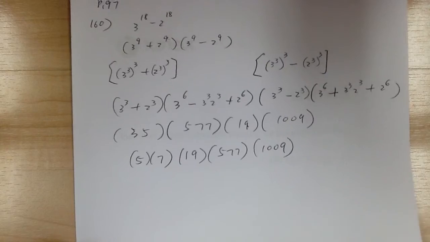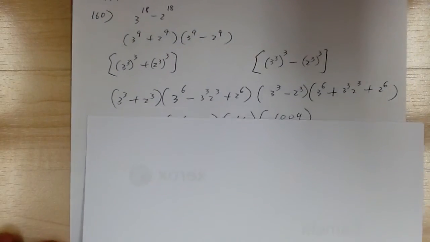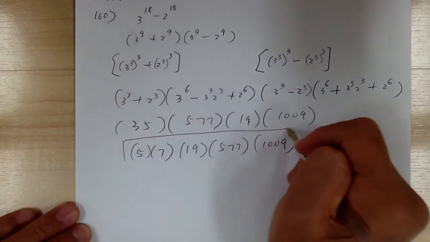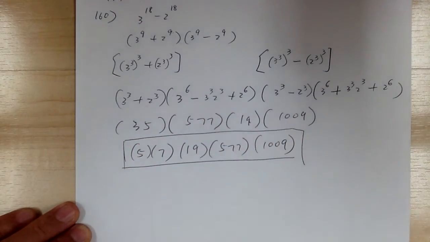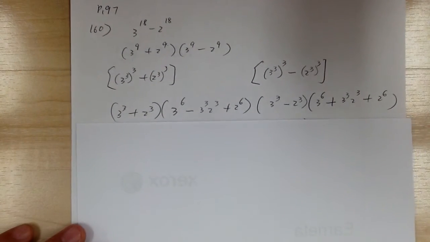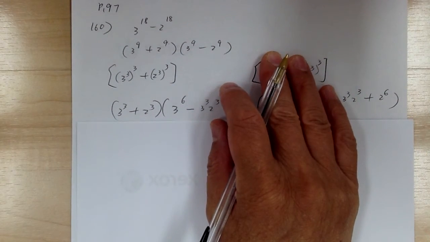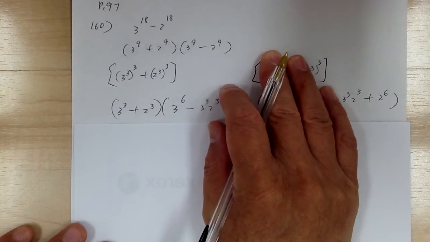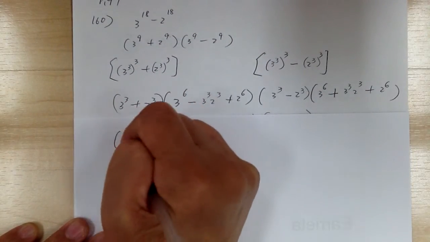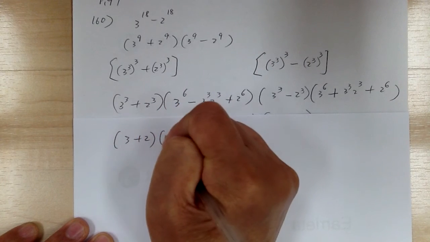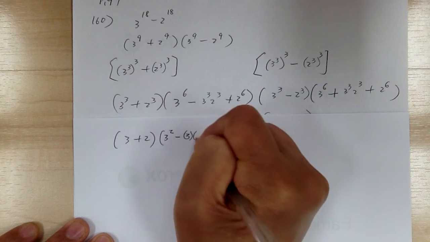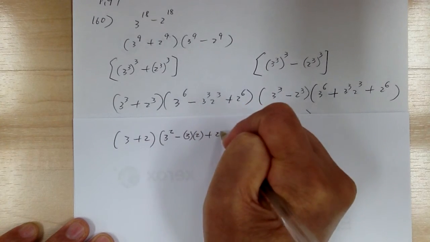Now, one thing you have to watch is this. Let's say those are your answer. Now the word of caution is if you do it this way, if you do the cube technique, notice this is a sum of cubes. So you can factor into 3 plus 2, and you're going to get 3 squared minus 3 times 2 plus 2 squared.